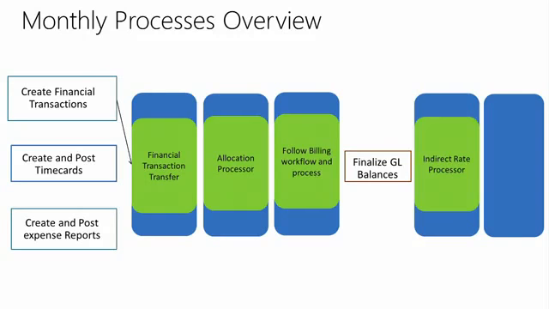Now, indirect rate calculator is a process where you can take actuals from your financials and apply those to your project costs. This is most commonly used with direct government contracting, so DCAA reporting. Quite often with a government contracting project, you would have your provisional rates that have been approved by the government, and so those would be the costs that you would apply to your projects throughout the month.